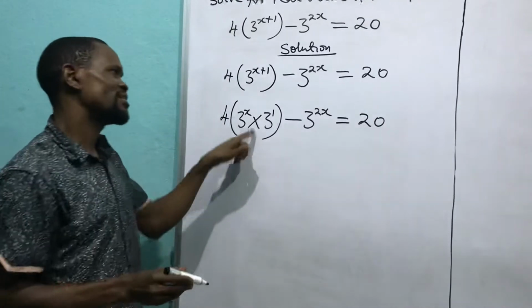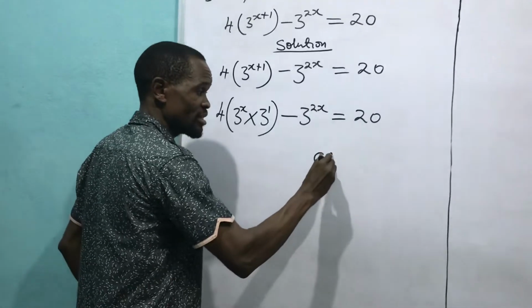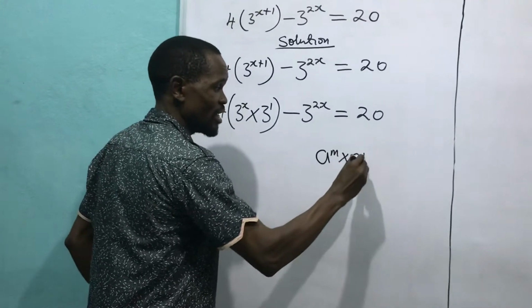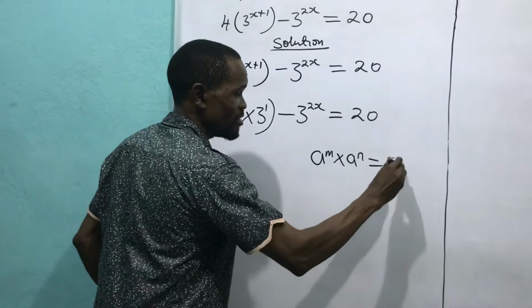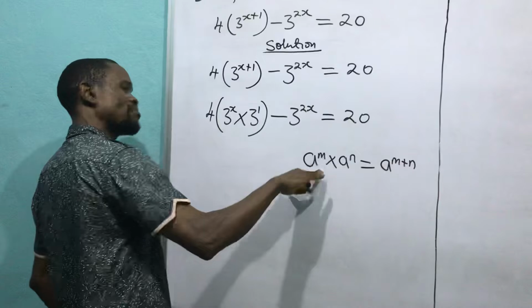How did I get this? You remember our product law of indices: a raised to power m times a raised to power n is the same thing as a raised to power m plus n.